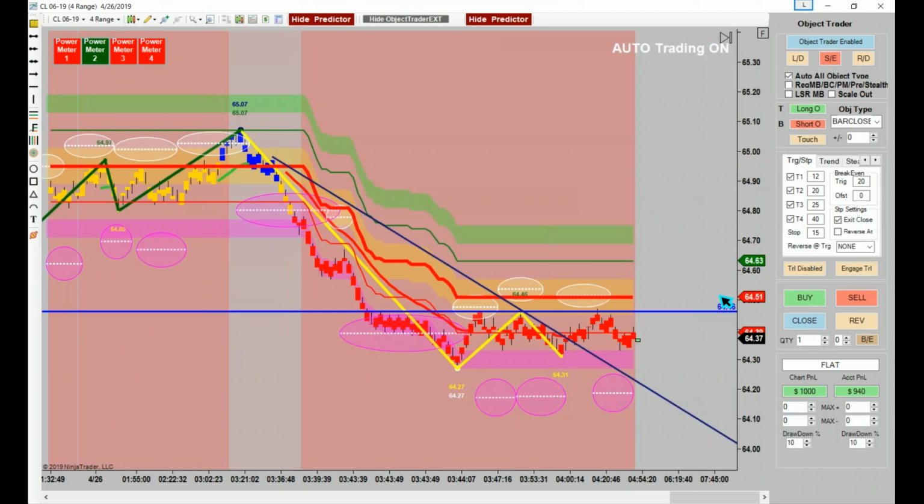Now, was that a risky trade at all? Because if this bar goes down, I'm not going to let it take out this little swing here.